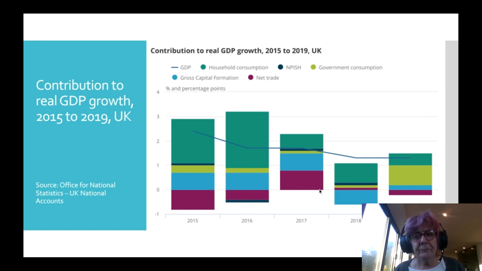One of the interesting things in this graph is net trade. That shows us the difference between our exports and imports and what contribution that makes to aggregate demand or GDP growth. And what we see here is that the contribution made by net trade is negative. It's below zero. So in 2015, net trade was actually causing our economy in the UK to get smaller, because in the UK we tend to import more than we export.